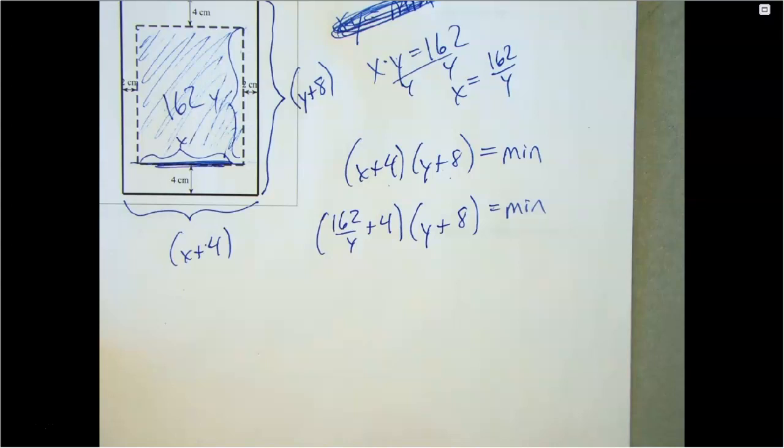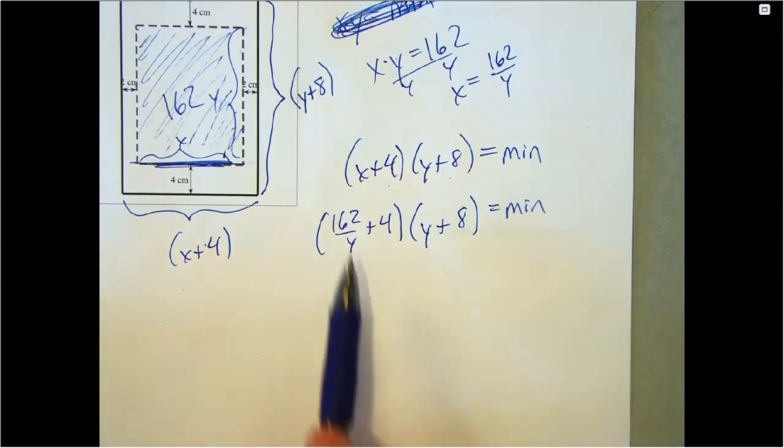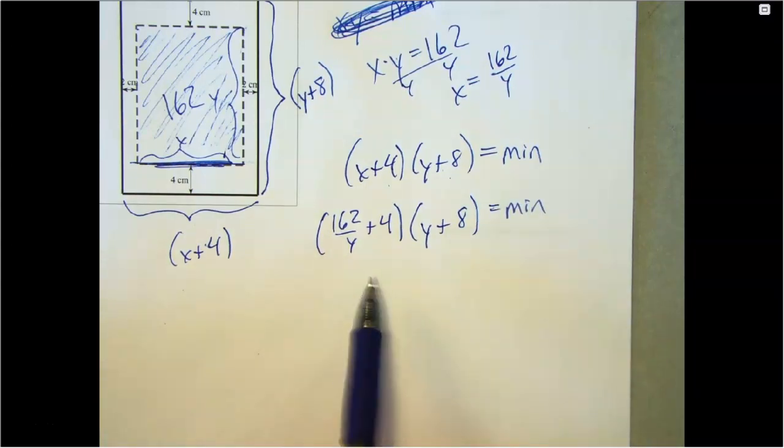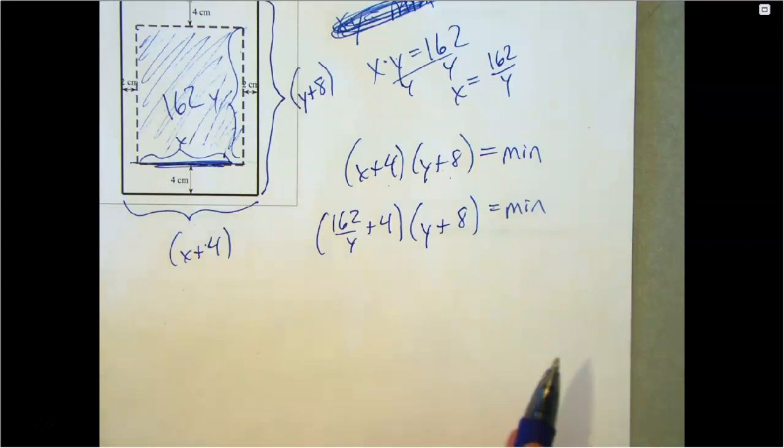I'm debating whether to make it y to the negative first or not. Do you think it's easier like that, or with y to the negative first, like 162 y to the negative first? Okay.